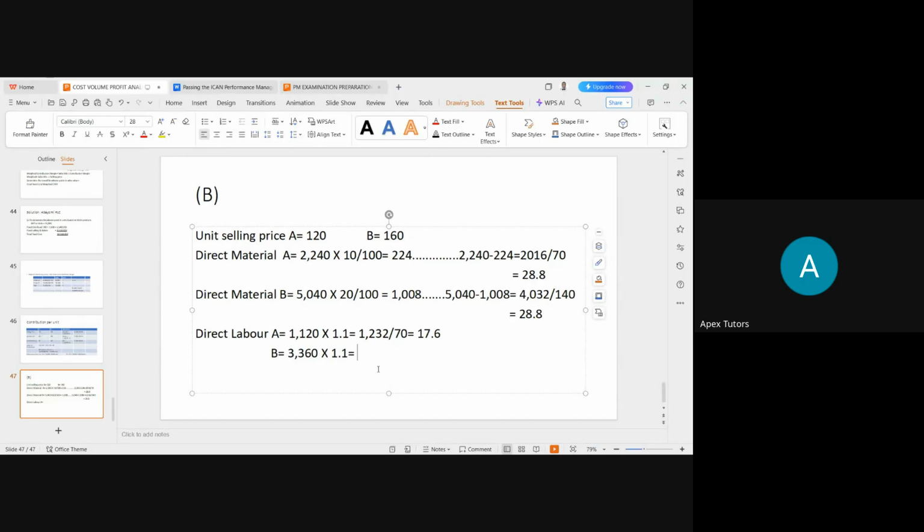So we have it as what? 3,696. To get it for 1 unit, this will be divided by 140. We have it as 26.4.